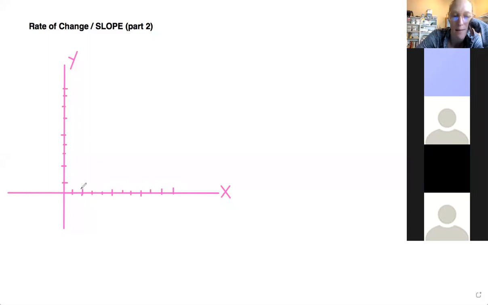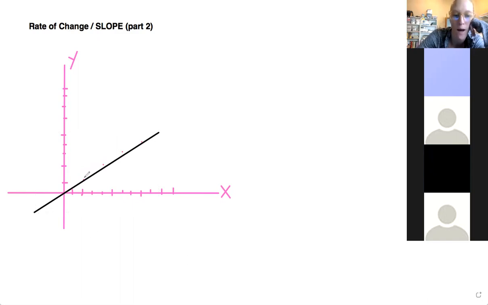So for example, hold on, let me make my graph really quick. Okay, so for example, if I were looking at this linear function, oh dear, what a terrible line. What we might notice is a pattern in this linear function.